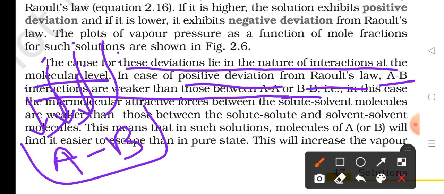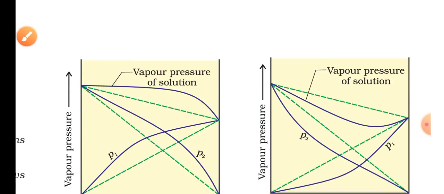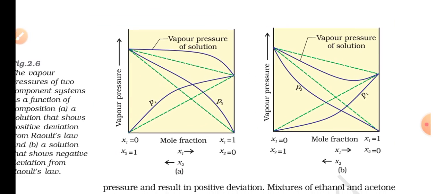So in the case of positive deviation, AB is weaker, so it can be easily transferred to the vapor phase, and its vapor pressure is more than the vapor pressure obtained from Raoult's law. Here we have a graph, and from that graph we can determine this easily.